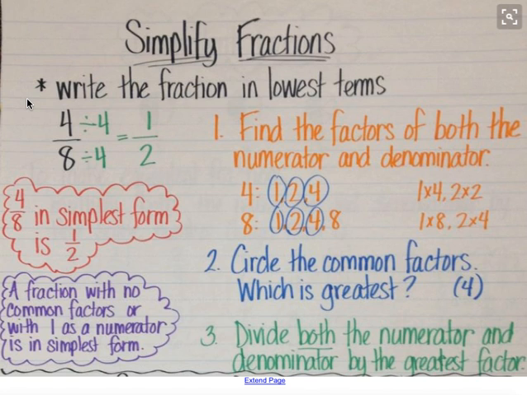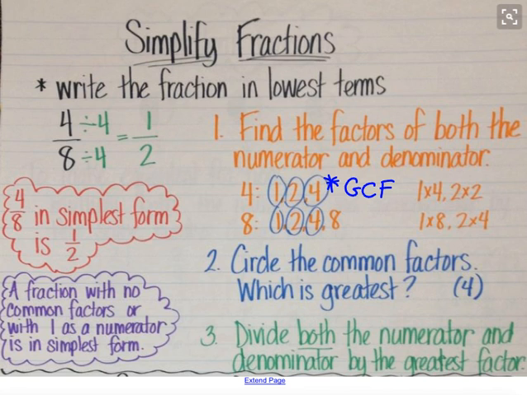From that list of common factors, 1, 2, and 4, we're looking for the greatest common factor, known as the GCF. G is for greatest, C is for common, F is for factors. So now we have to identify the greatest common factor. In this case, the greatest common factor is the number 4.